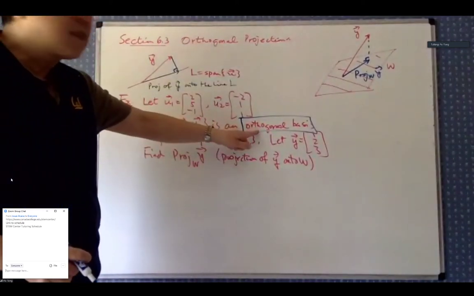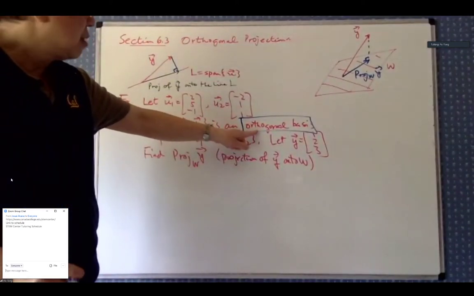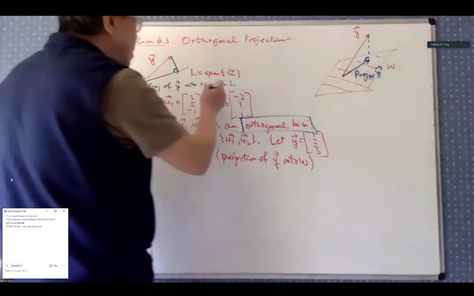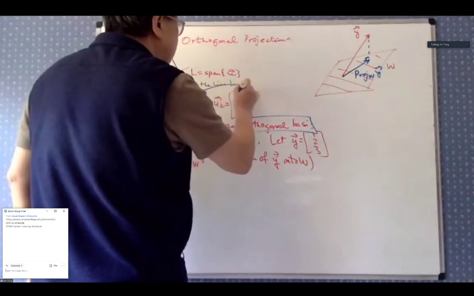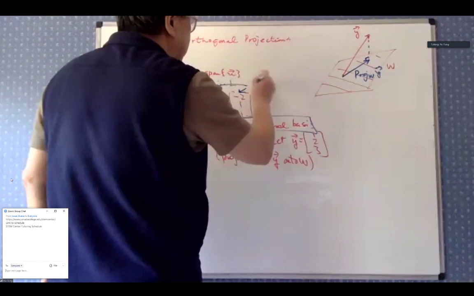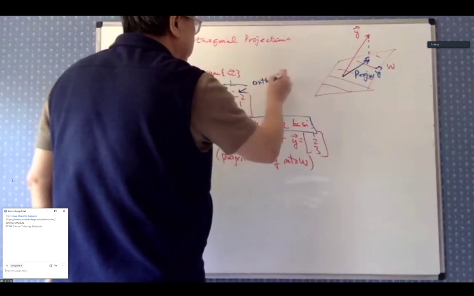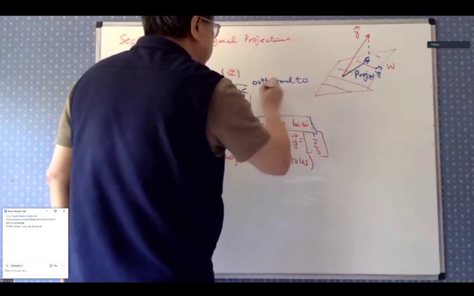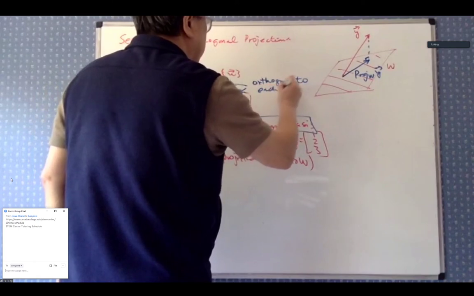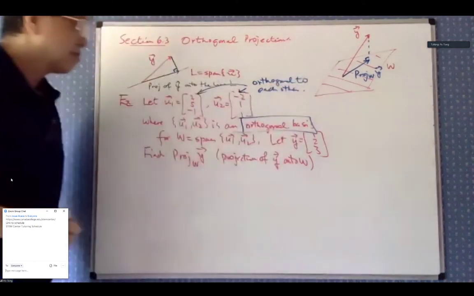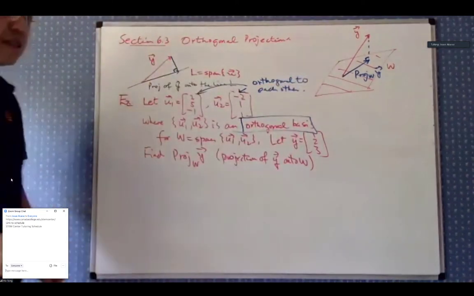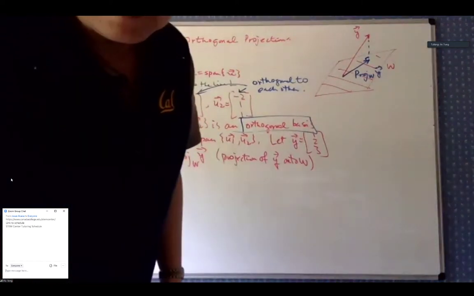Do you know what orthogonal means? It means these two guys are perpendicular to each other. How do we check it? Dot product is equal to 0? Yeah, dot product is equal to 0.